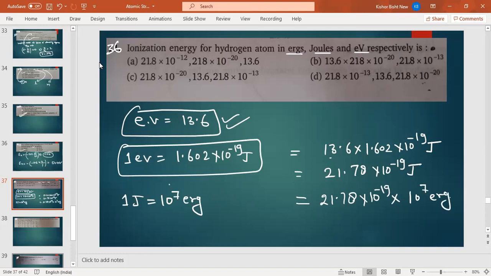Okay, you multiply it and you will get 21.78 into 10 to the power minus 19 plus 7, which is 10 to the power minus 12 erg. So this is in erg.